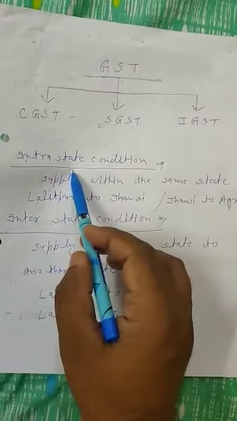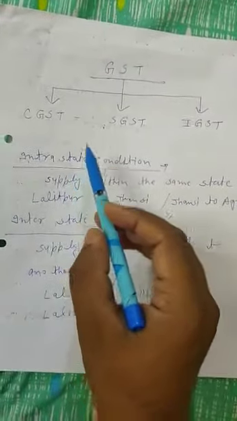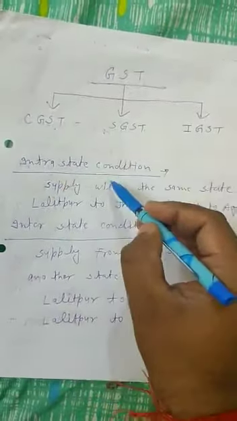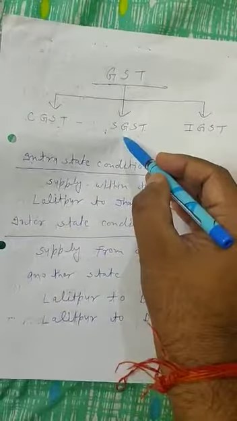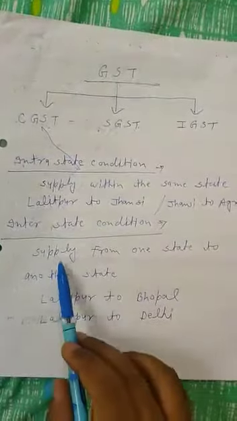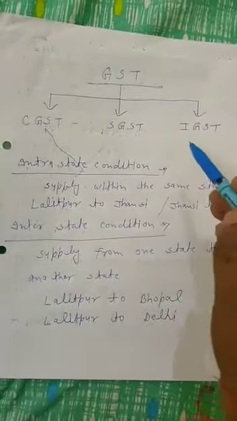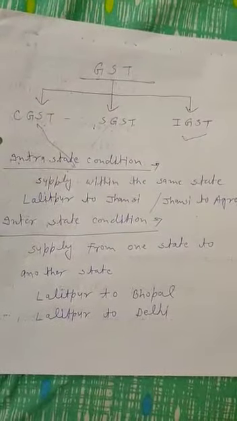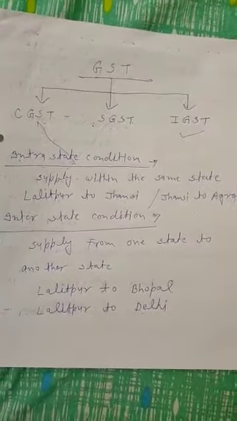In the intra-state condition, half the portion will be received by the central government as CGST and the other half by the state government. And in the interstate condition, only the central government, means IGST, will be applied. The central government receives the tax.